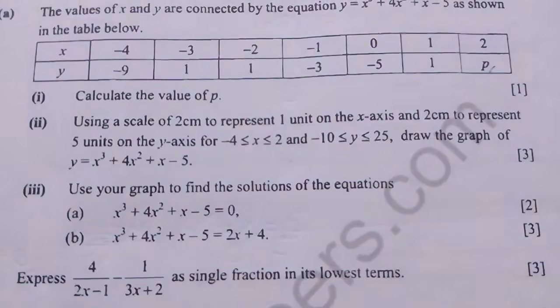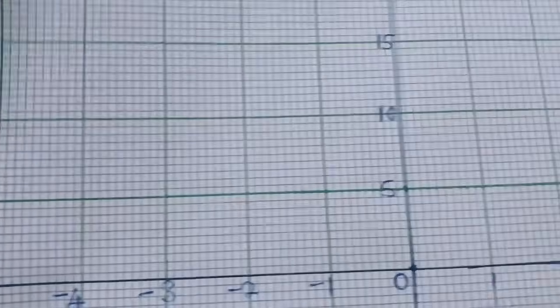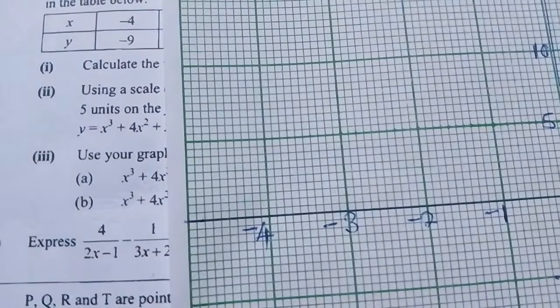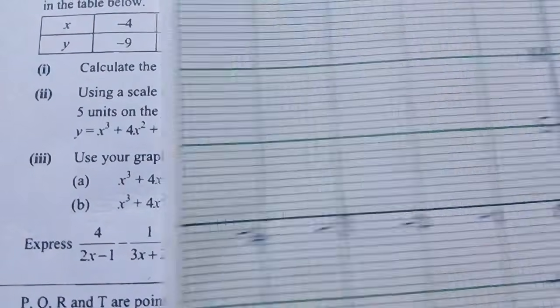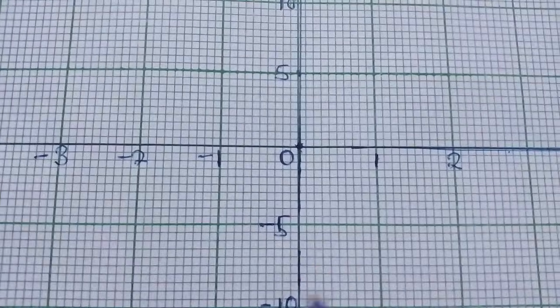-4, -9. So -4, where is -4? -4, it is here. That's the first coordinate there. -4, -9. So -4 is here. -9. So now in the y-axis, how are you going to tell that this is 1?